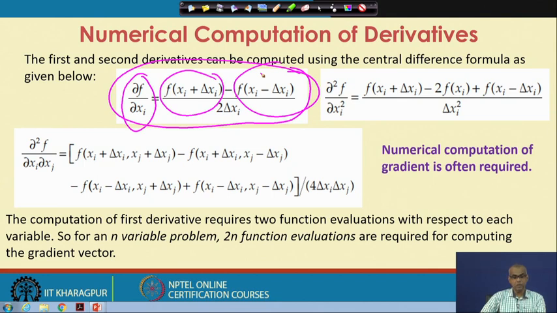With respect to each variable, we need to evaluate the objective function twice. So, for n variable objective functions, we will require 2n function evaluations for computing the gradient vector.